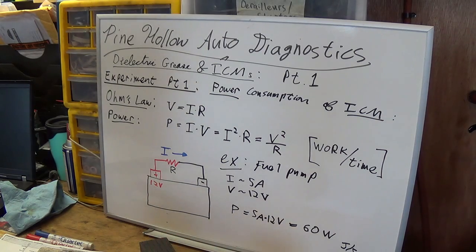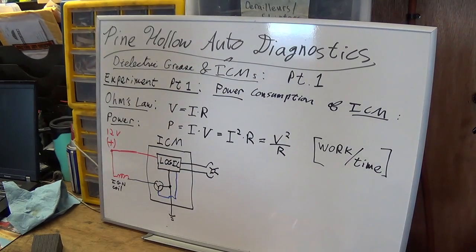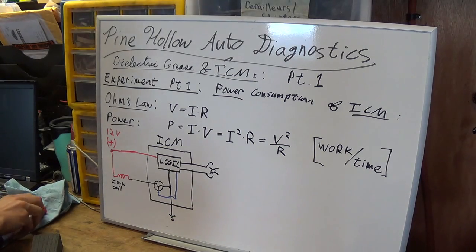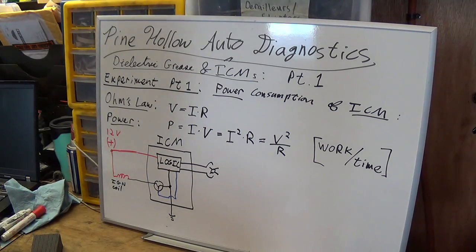So let me draw that up and we'll see what data we need to collect to get our consumed power. Let's figure out what data we need to collect for the power consumption of this ignition control module. So here's the basics of the ICM.